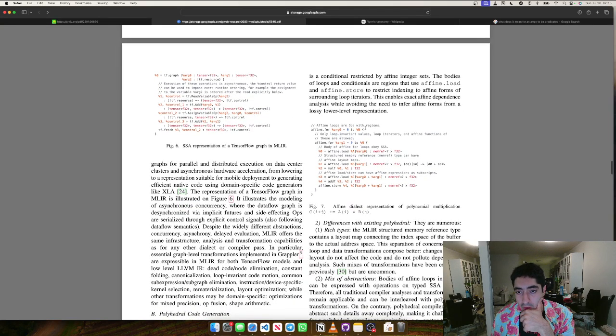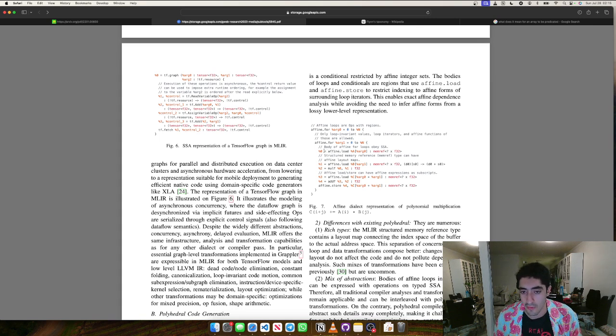Affine loops are operations with regions only loop. Okay, so affine for argument 0 close to 0 to... only loop invariance values, loop iterators, and affine functions of those are allowed. Affine for argument 1 equals to that, so that's an inner loop.